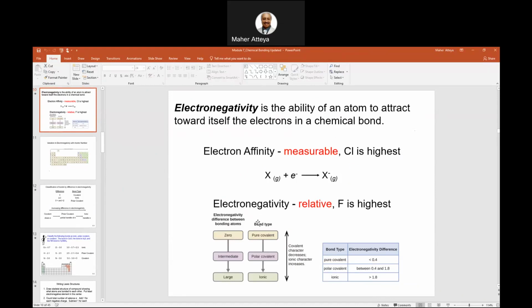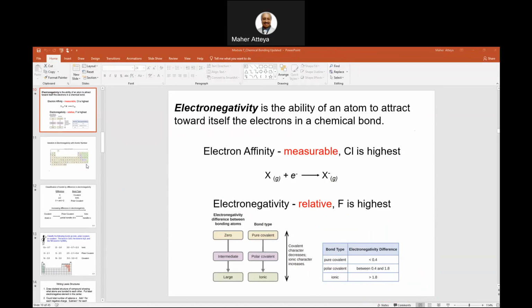So this table here, please, you have to memorize it by the final exam, because you will need it if you have the difference between electronegativity. You can calculate and determine if this compound or molecule is polar covalent, non-polar covalent, or ionic. So you need this table as well.